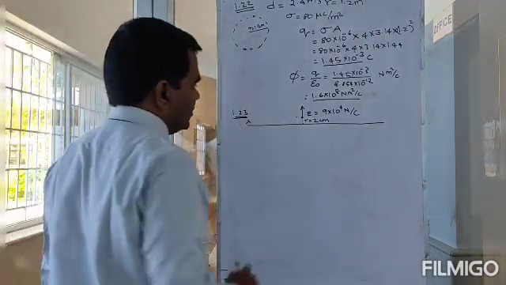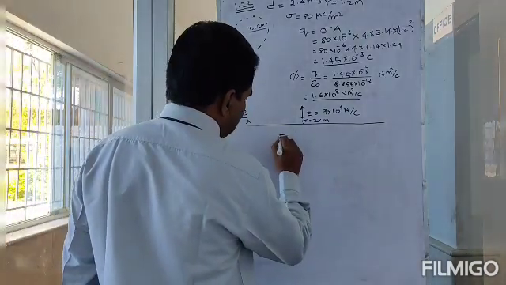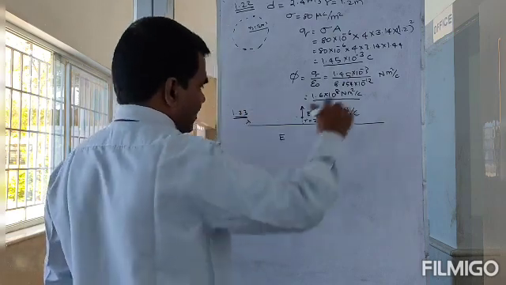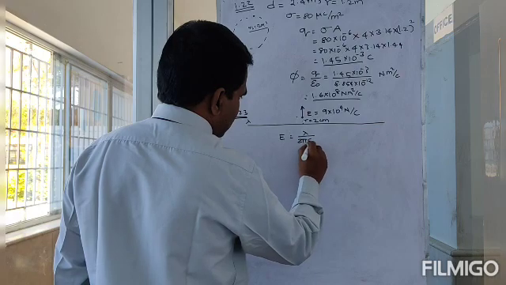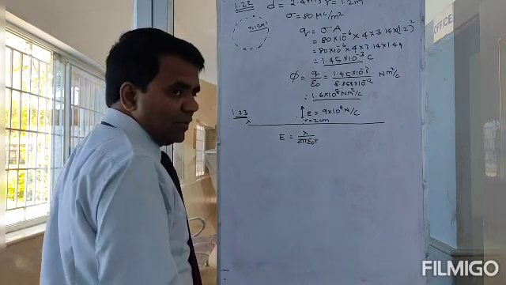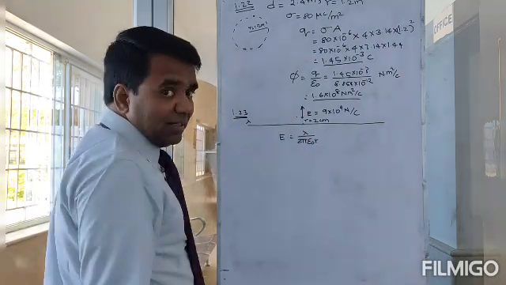What is lambda? We know this, right? What is E? E for an infinitely long line is equal to lambda by 2 pi epsilon naught R. So from that we must be able to find lambda.